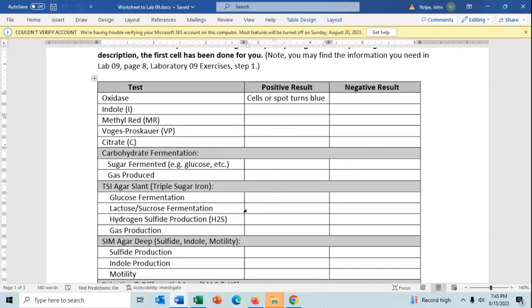for this. Lactose sucrose fermentation, positive result, negative result. Hydrogen sulfide production, positive result, negative result. This is of a TSI. Gas being produced, tell me what it looks like or what you get for the positive result. And then the negative result, no change in the tube for gas production.